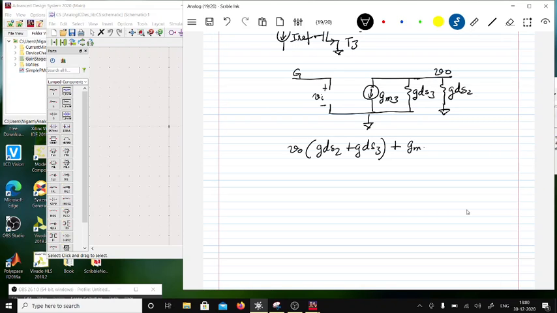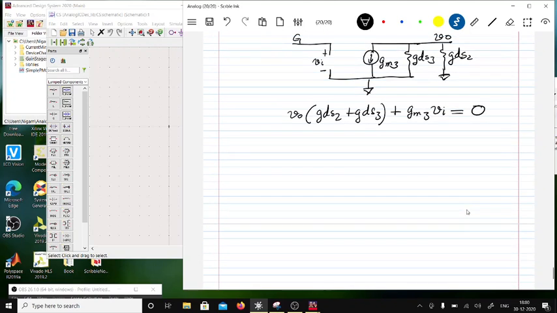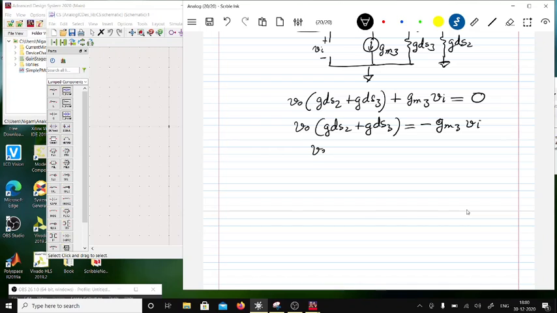That will be plus GM3 times Vi, and that would be equal to 0. The net current flowing out of the node is 0. So that means VO times GDS2 plus GDS3 is equal to minus GM3 times Vi. So VO over Vi is going to be AV, or the voltage gain, which will be equal to minus GM3 divided by GDS2 plus GDS3.